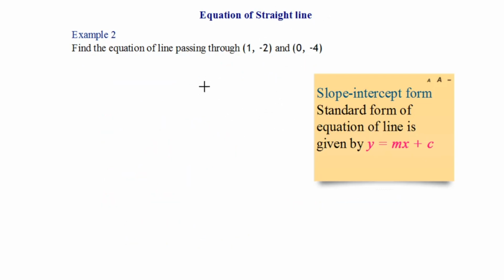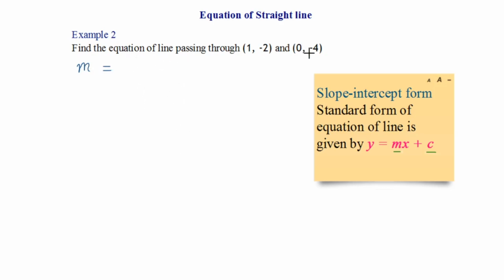Find the equation of a line passing through (1, -2) and (0, -4). Again, in this case, we need two things. The first one is the value of m, which is the gradient. And the second one is the y-intercept. Let's get started with it. First, let's find the gradient, which will be equal to vertical change upon horizontal change.